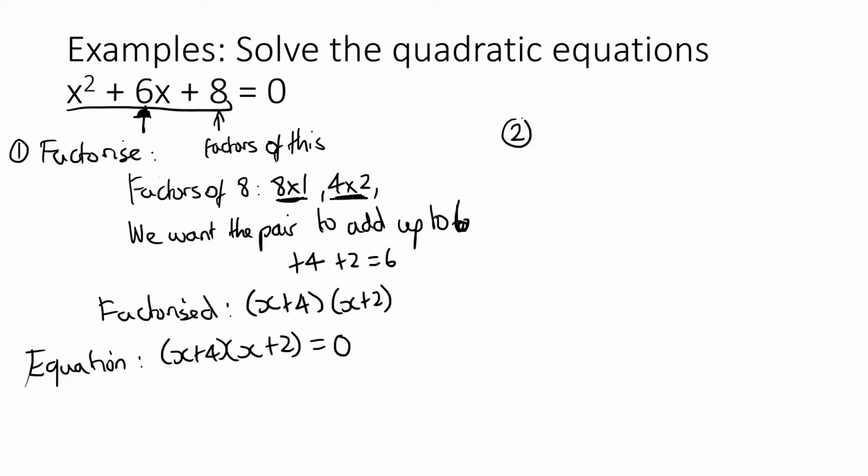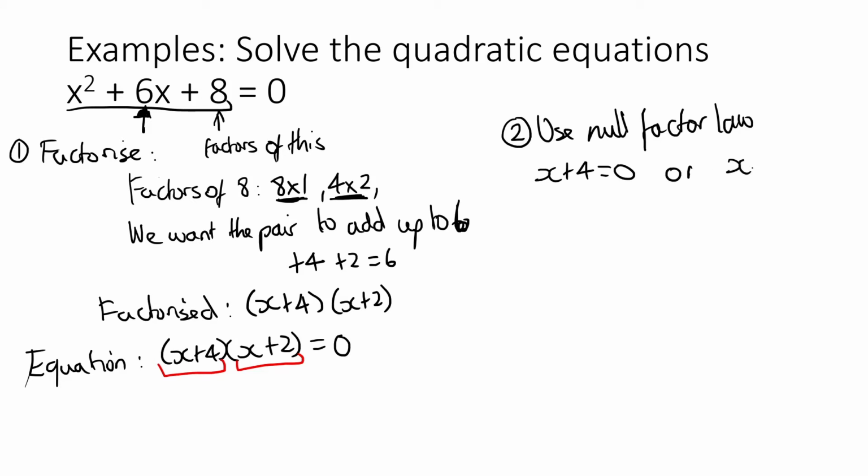Alright, step 2, use the null factor law. To use the null factor law, one of your factorized factors will be equal to 0. So it's either x plus 4 makes 0, or x plus 2 makes 0.